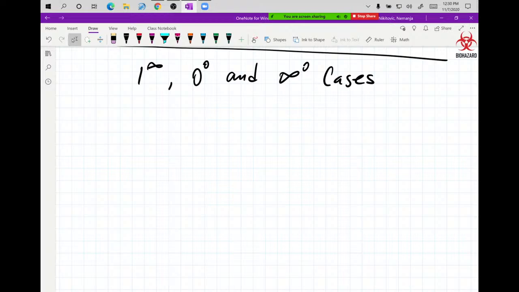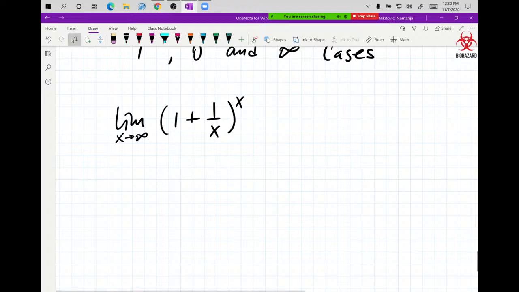Now, the most famous example is the limit as x goes to infinity of 1 plus 1 over x to the x. This is insanely important because this limit will show up many times in Calc 2, and it will just have n's instead of x's.